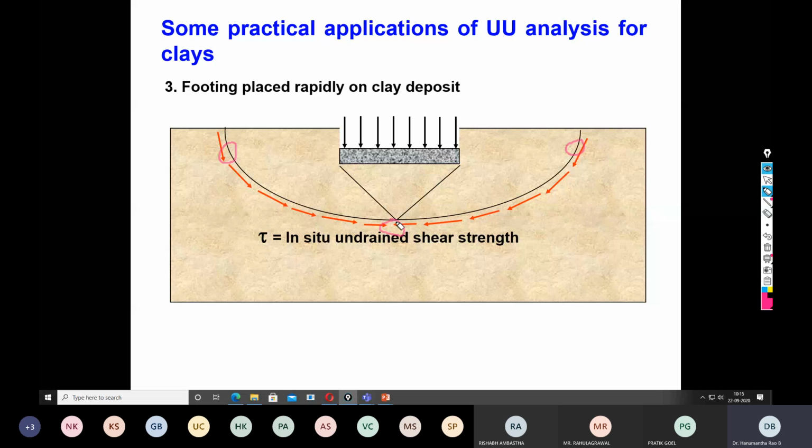If you look at the element here, all the stresses are only in the horizontal direction. But if you look at here, the element itself is in an inclined position, and the stresses are also in an inclined direction. Similarly, this and this are the same. So we do not know whether this condition becomes critical or that condition becomes critical.